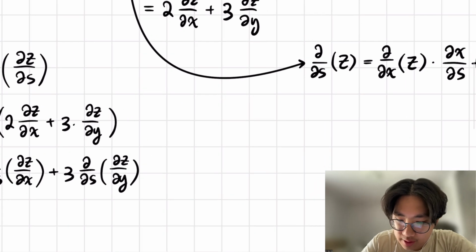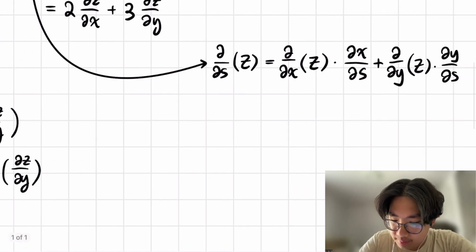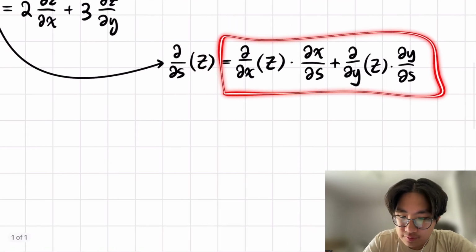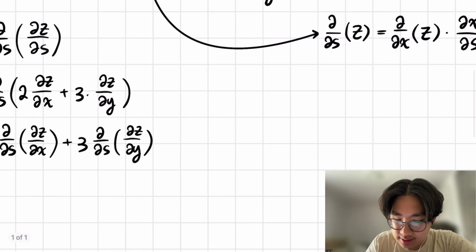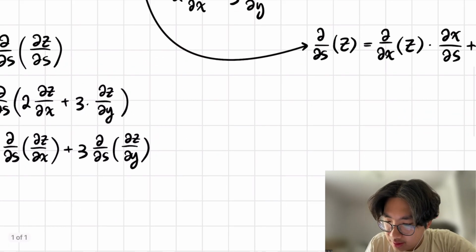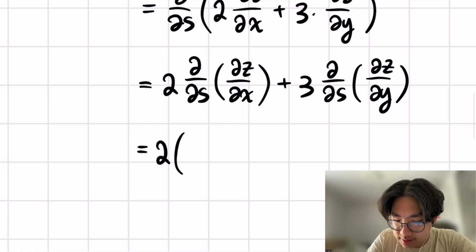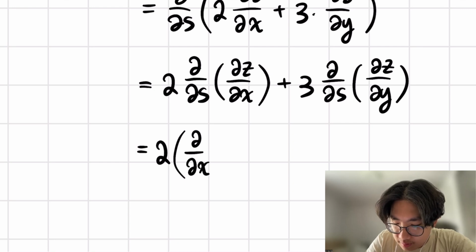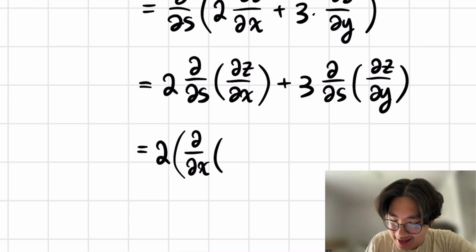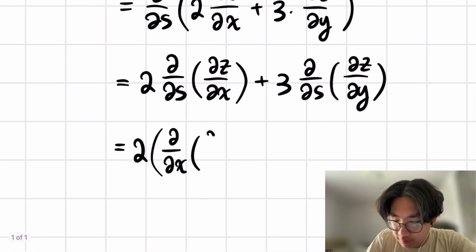So again, we imagine partial z, partial x here, meaning we just replace all of that over here with this. So what that then gives us is 2 times partial, right in brackets. So partial over partial x of, yeah, maybe square brackets would be useful, but it's fine. Partial over partial x of our function, so partial z over partial x.